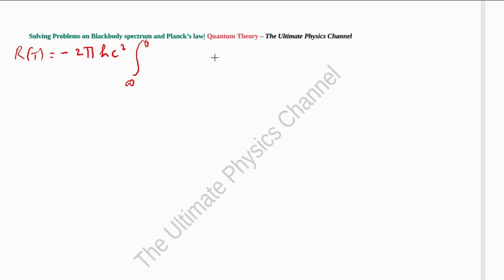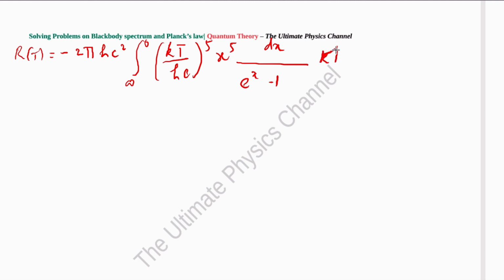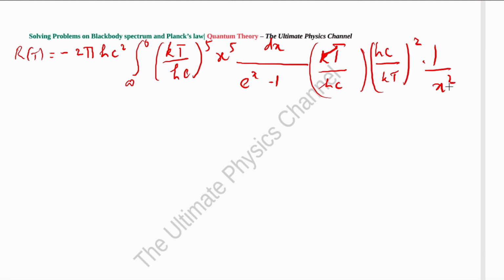And then if you substitute those numbers in the previous expression, we would see that we have kT over hc power 5 and then x power 5 over e power x minus 1, dx variable has been converted, and then we have kT over hc, and then another hc over kT squared, and then of course 1 over x squared.